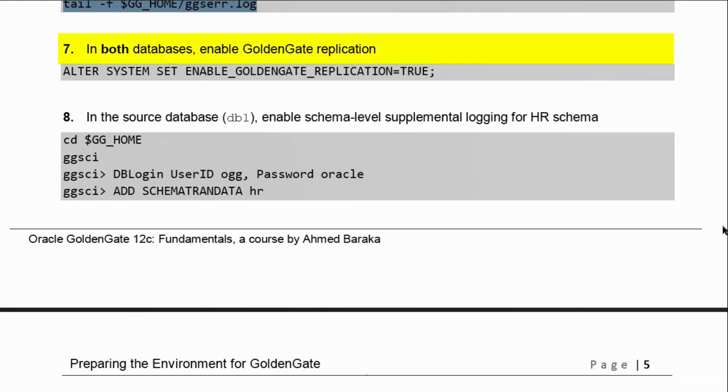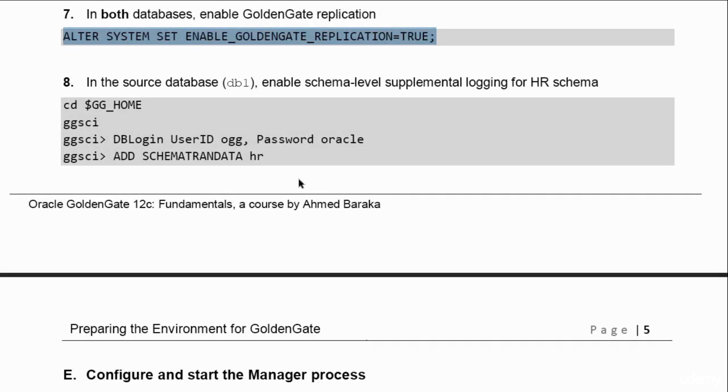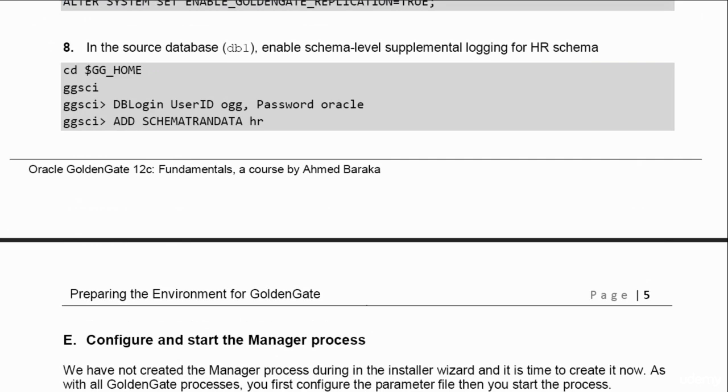In each database, enable the Golden Gate replication. In the source database, enable the schema level supplemental logging for HR schema.